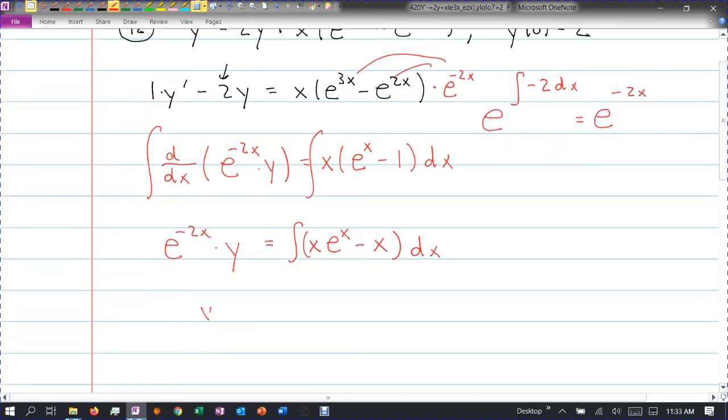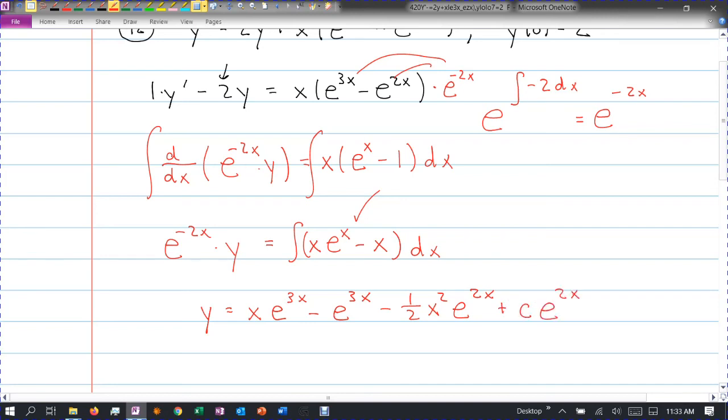Trusting you can do that integral, y equals x e to the 3x minus e to the 3x minus 1/2 x squared e to the 2x plus c e to the 2x.